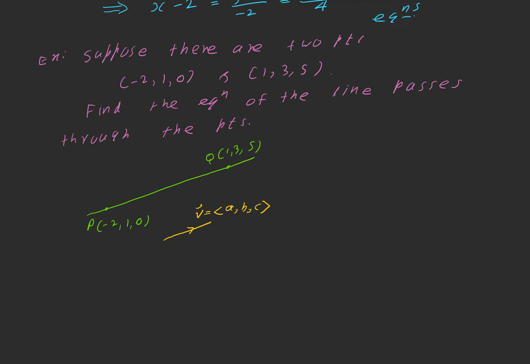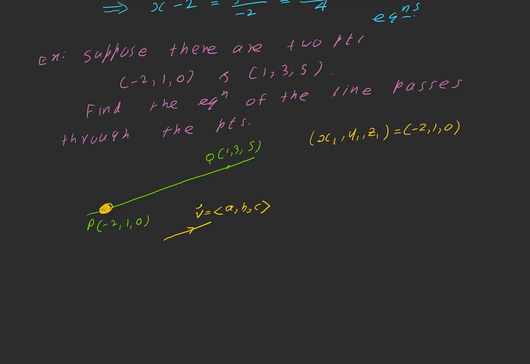There are 2 points, so we can use either. I use this one. So we have x1, y1, z1, which I can write as -2, 1, 0.